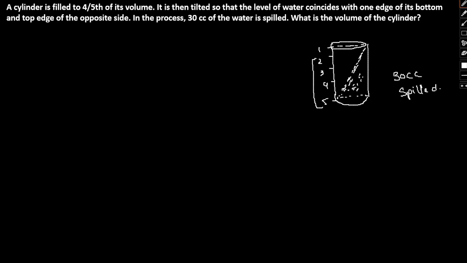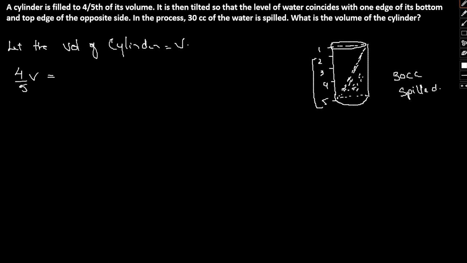So we can say that the 4/5 of the volume will be equal to half the water which is remaining plus the 30 ml. So let the volume of the cylinder equal V. Initially there was 4/5 of the volume.